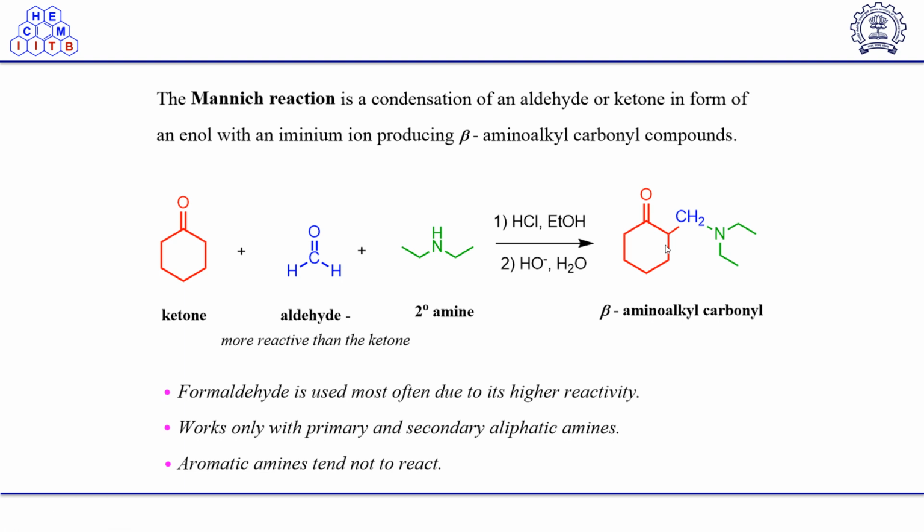This is known as the Mannich reaction. Formaldehyde is used most often due to its higher reactivity, and it works only with primary and secondary aliphatic amines; aromatic amines tend not to react.